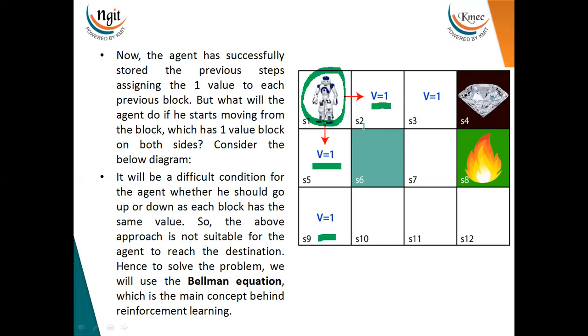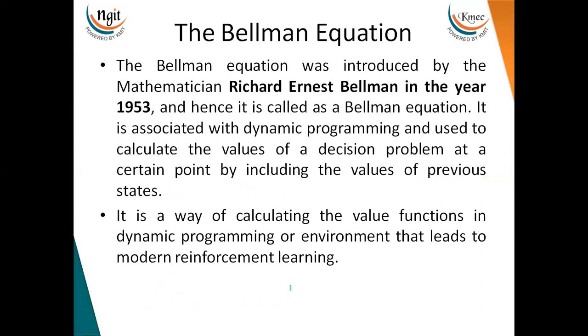To get the policy, the strategy of optimum reward, the solution to this problem is given by the Bellman equation. The Bellman equation was developed by the mathematician Bellman, and that's why it is named the Bellman equation. Here I am taking the help of the value function.